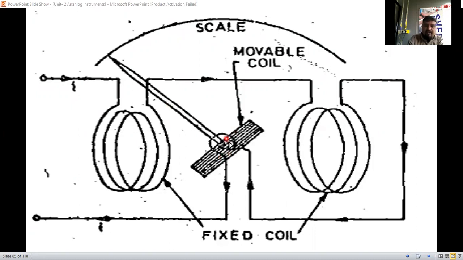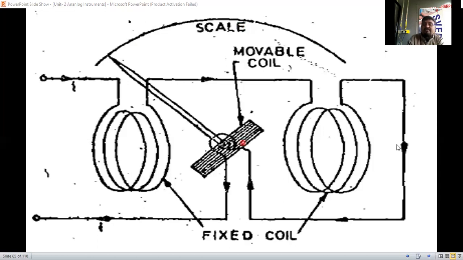And air damping, that is the damping torque production method, is there. The air vane is also connected to this spindle. This is the pointer. I am just telling the construction here. And the pointer is going to indicate over a calibrated scale.